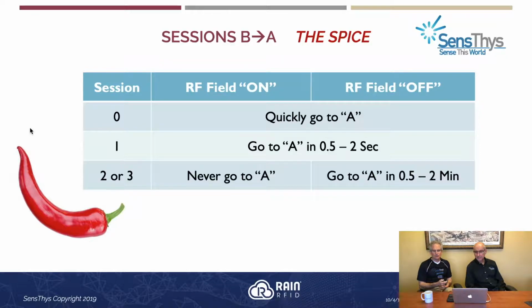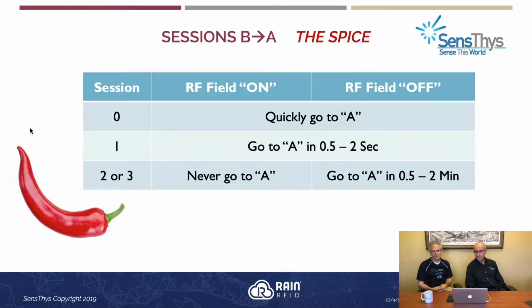If you're in session 1, it'll go up to A and it'll hang there, it'll go up to B and it'll hang there for a second or so. And that sort of quiets down the population because a tag will remove itself. If you're querying in state A, session 1, when it goes up to B, it's not available to query anymore, so the tag population quiets a little bit.